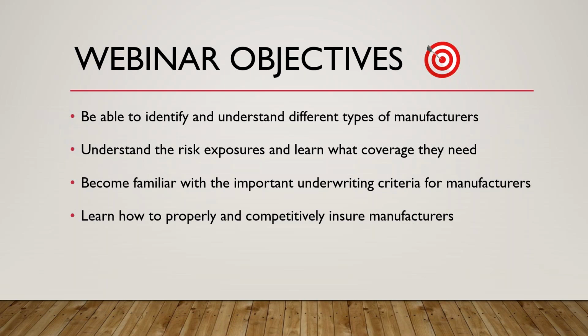We want to understand the risk exposures and learn what coverages they would need, right? Because it's a different beast, manufacturing. And then we want you to become familiar with the important underwriting criteria for manufacturers. There's some similarities, but each class of business type of manufacturer is going to be a little bit different. And then how do you properly and competitively insure manufacturers? So without further ado, I'll turn it over to Teresa.